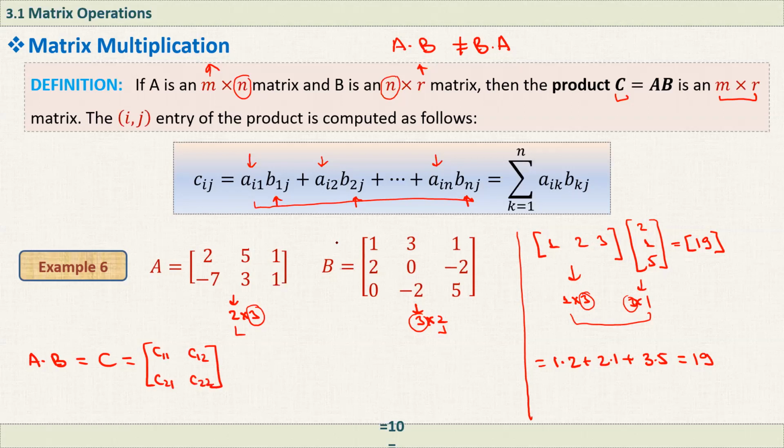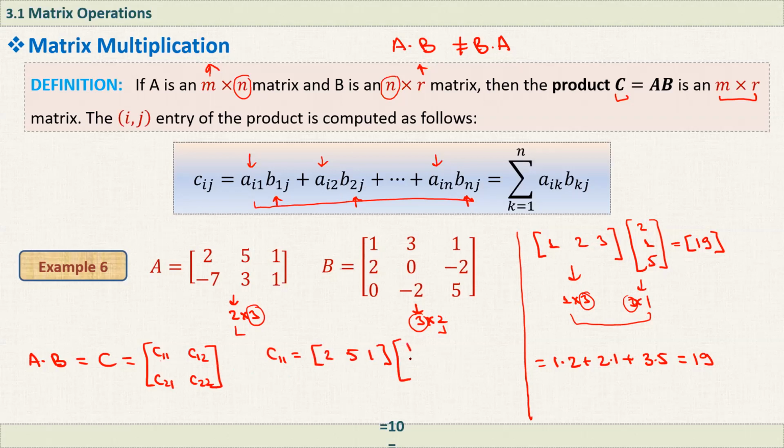Now, according to this definition, to get C11, multiply the first row of A by the first column of B. The first row of A is 2, 5, 1, and the first column of B is 1, 2, 0.